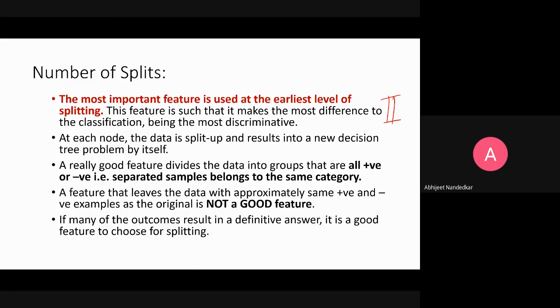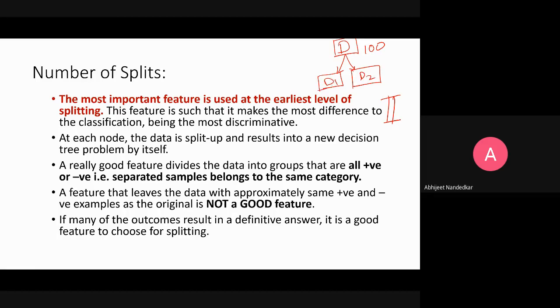At each node, data is split up and results in a new decision tree problem by itself. As I said, you start with, suppose, data set D. This is a complete set with, say, 100 samples, and then you take some feature, ask a question, and you get some answer, and you split your data set into D1 and D2.